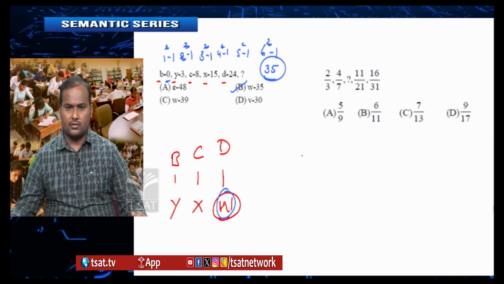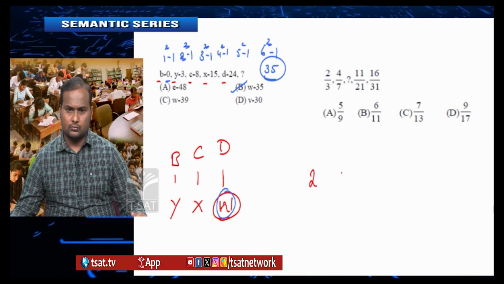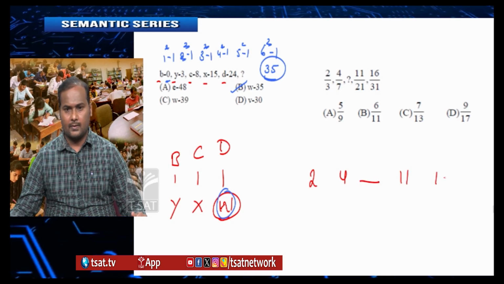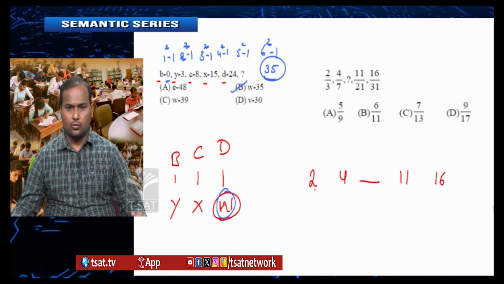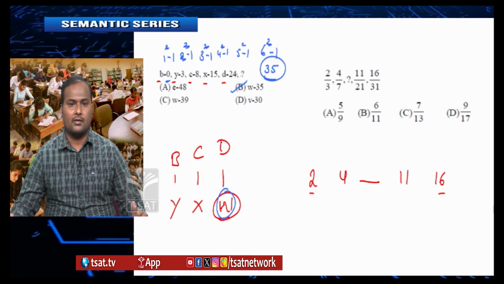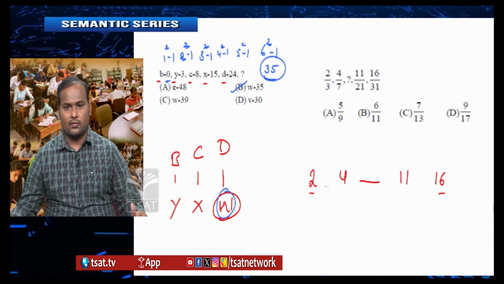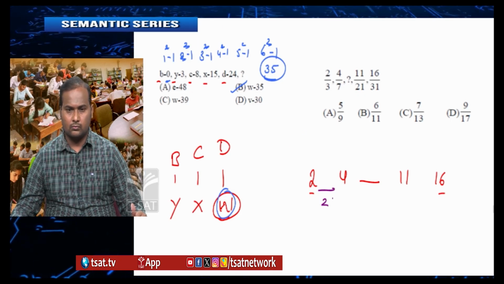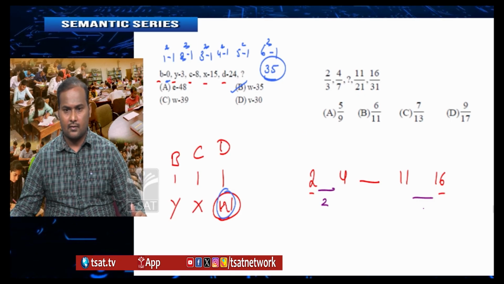Now you take the numerator separately. So 2, 4, need to find out the answer, 11 and 16. Here between 2 and 16 there is not much increase, so obviously I will take the difference. What is the difference between 2 and 4? The difference is 2. Here the difference is 5.